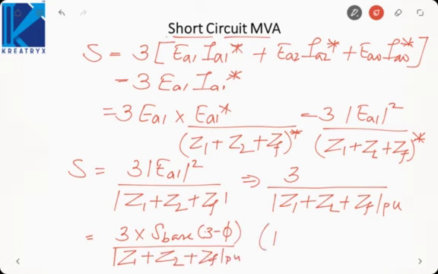This whole value will be in MVA, whereas this value will be in PU. So this is how we calculate the short circuit MVA for a line to line fault. Remember here that the short circuit MVA also consists of a term 3 in case of unsymmetrical fault. There it was only 1 by Z1.